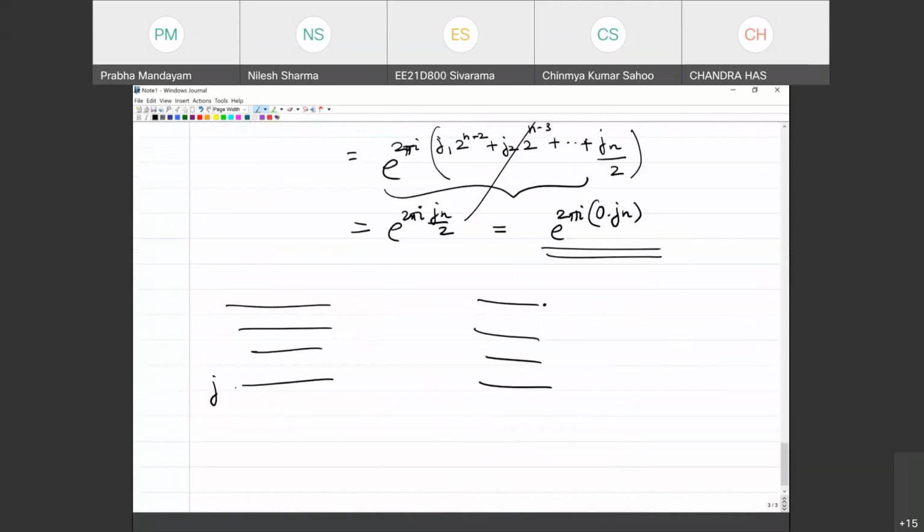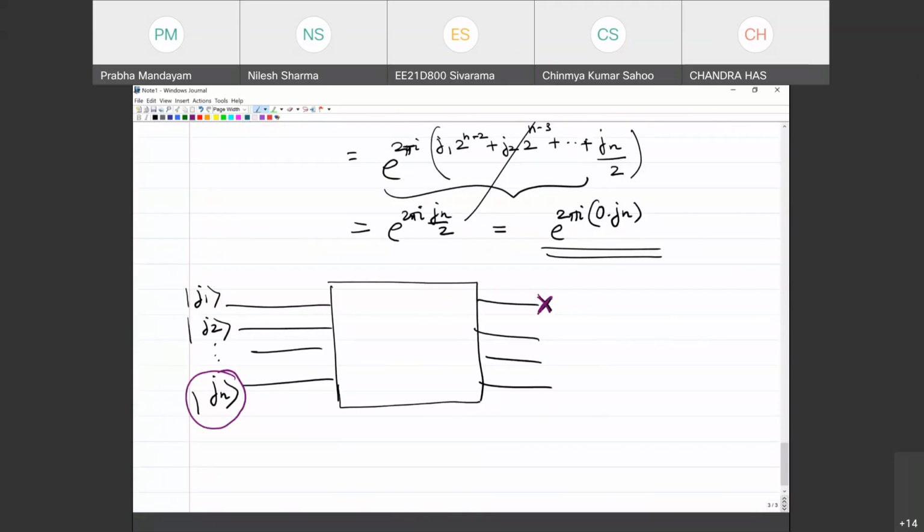So if I were to input this n qubit state here, right? Then this is how I'm going to input the n qubit state. Then you will notice that the first one here actually depends on this Jn, because this is actually what? 0 plus e to the 2 pi i Jn by 2, that's what matters, right?